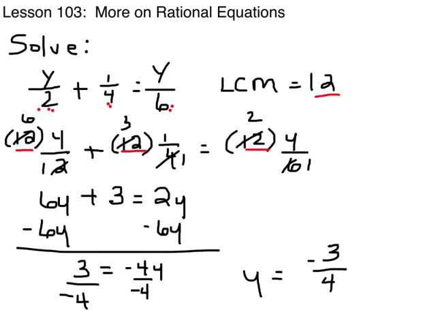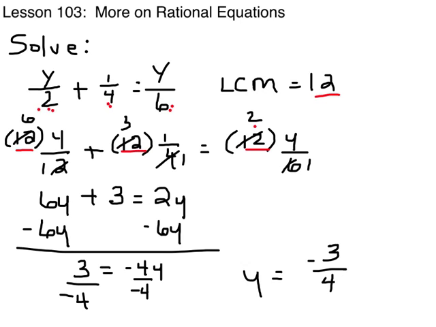The second term, we have 12 here and 4. 4 will go into 12 3 times, so that becomes a 3. And 3 times 1 is 3. And then on the right-hand side, after the equal, we have 12, and then we have 6. The 6 will cancel out, and it will go into 12 2 times, so then we have 2y.